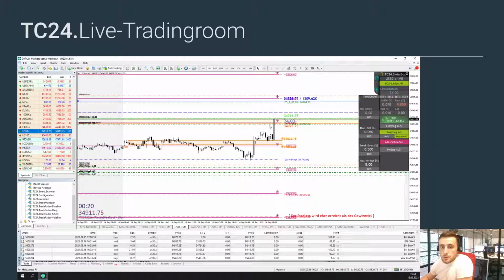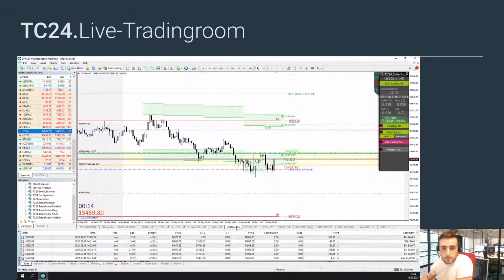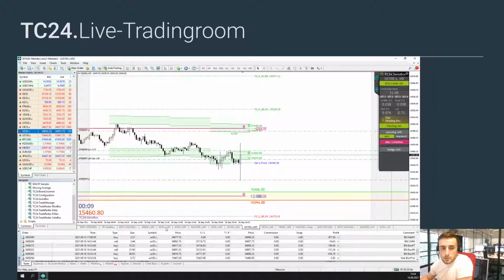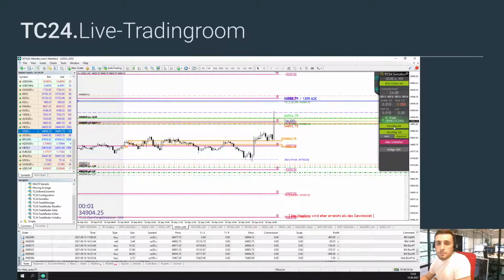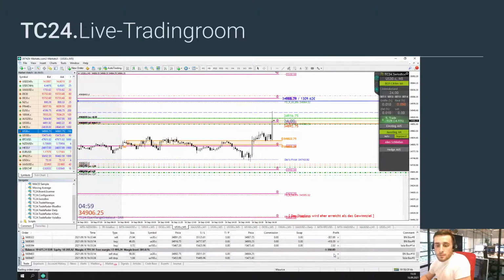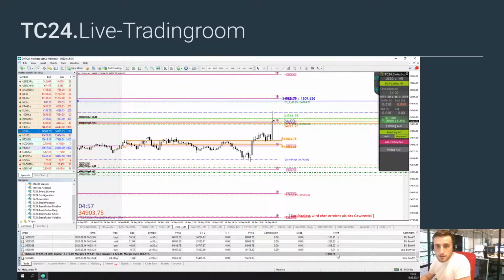So should it continue? Retracement here. No, I want to turn that off. Where is it? Make sure we don't trigger that trade.